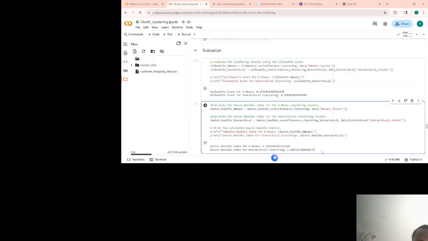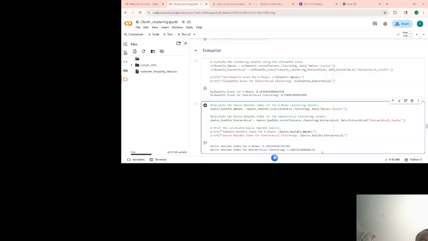Then after that we did the evaluation, and on evaluation we used the silhouette score and Davies-Bouldin index. K-means had a silhouette score of 0.16 while hierarchical had 0.25, and based on that, the hierarchical model was best by the fact that it has a higher silhouette score.